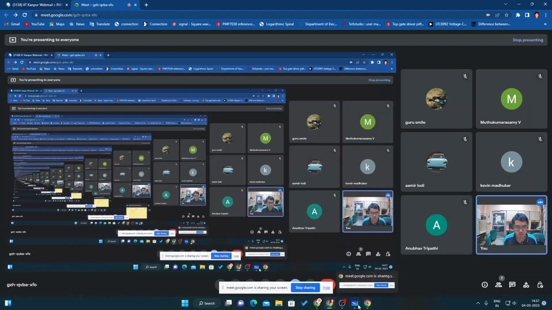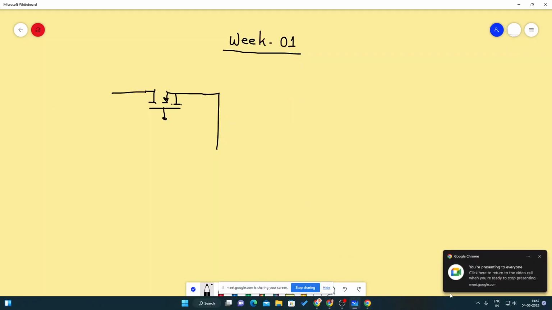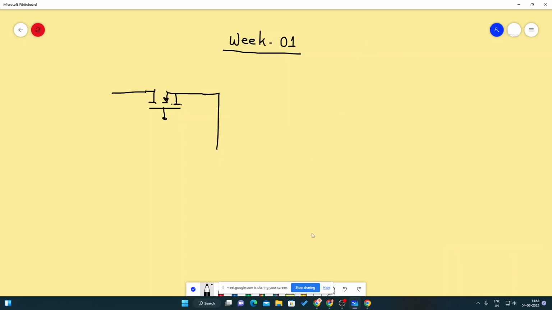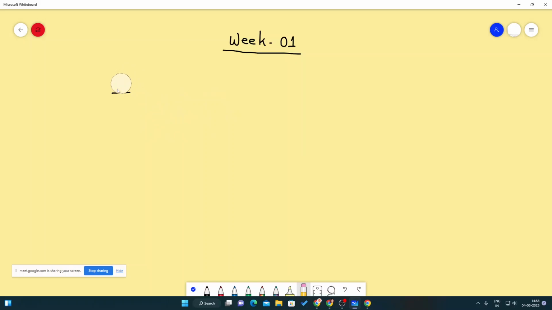Is my whiteboard visible? Okay, so let's go. Just a second. Boost converter, right?